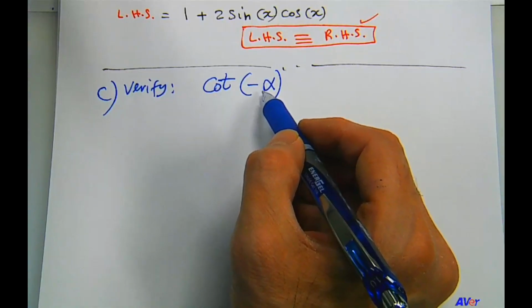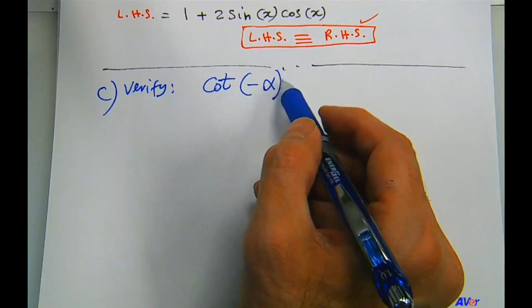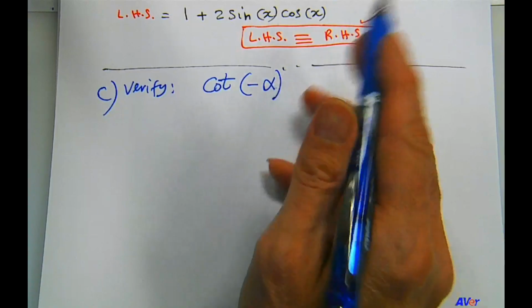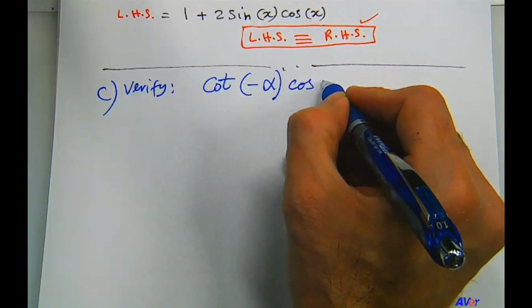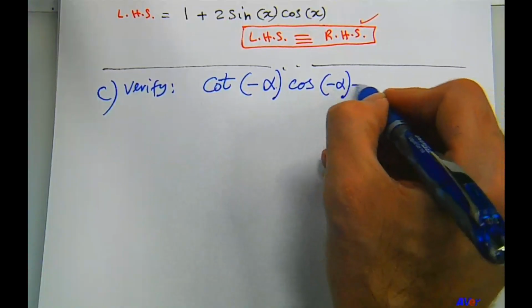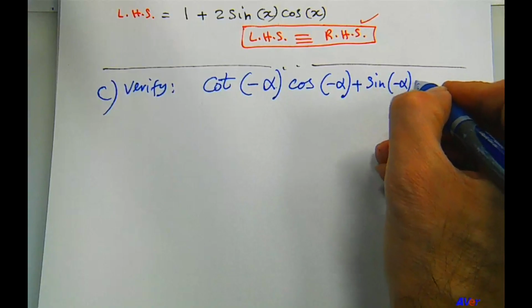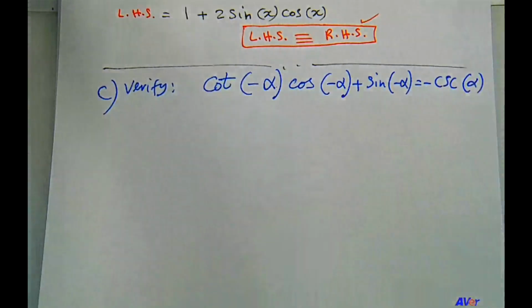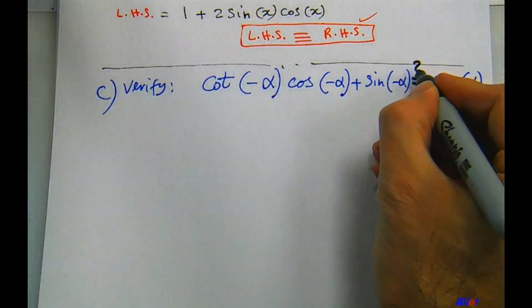So alpha, beta, omega, phi, theta, and so on, all of these are Greek letters. So then cosine of minus alpha plus sine of minus alpha equals minus cosecant of alpha. So we want to show that this equality is true, right?